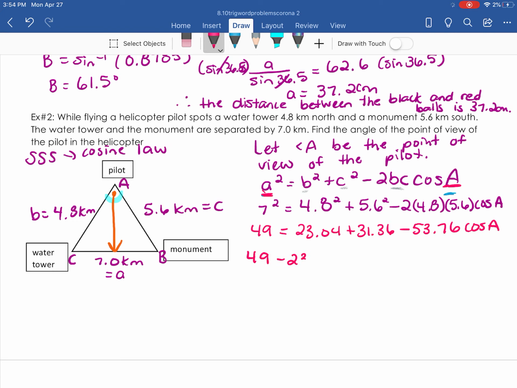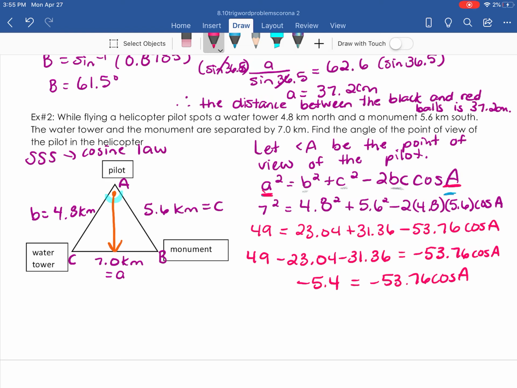So I'm going to bring them over and do the subtracting, you get negative 5.4.